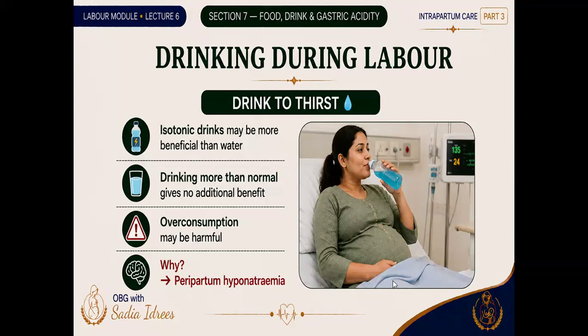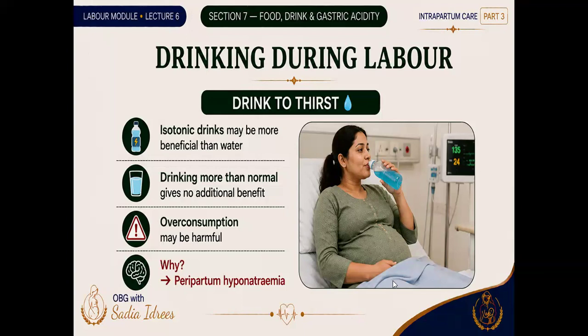In fact, isotonic drinks. Am I clear? Isotonic drinks may be more beneficial than water because they provide some calories while maintaining hydration.